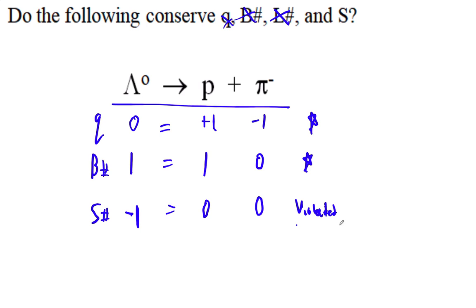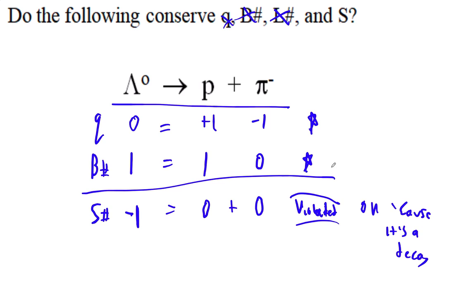Okay, strangeness is violated, but it can occur. This decay can occur because it's a decay. This decay possibly does occur. In fact, you know, I looked it up. Okay. All right. I think I'm done with words.